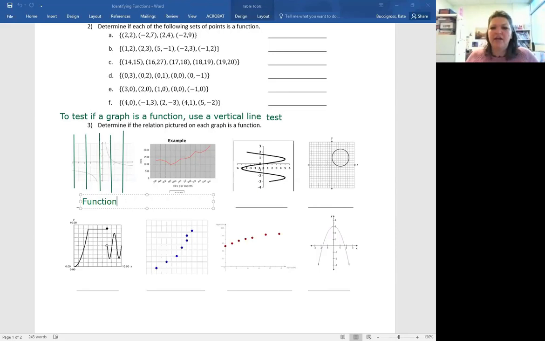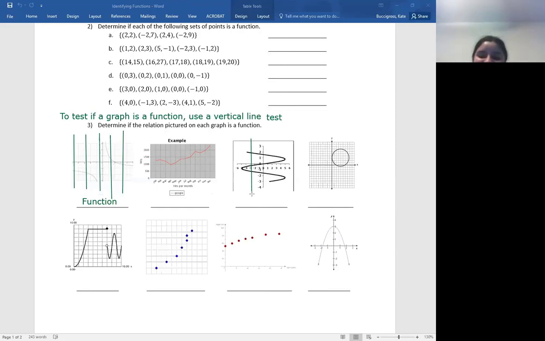Now let's go find a graph that fails a vertical line test. Okay. What did you say? I thought you were telling me which graph to go to, and I was like, really? Awesome. Okay, so I found one where I drew 1 vertical line and it already failed.